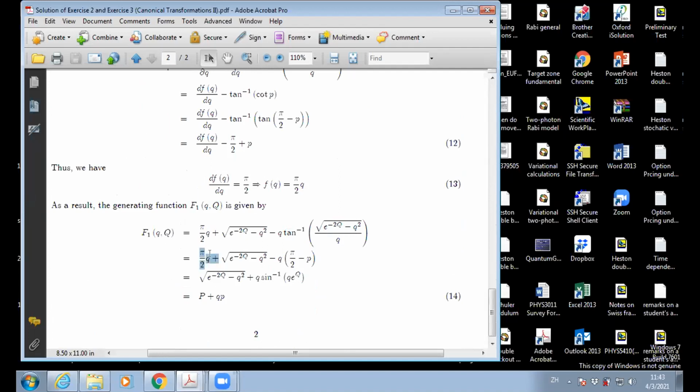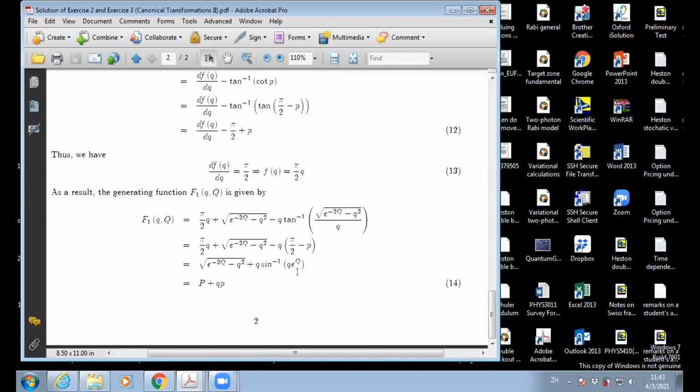Then combining the first term and also the second term, we are left with small p times small q. And the small p is given by this arcsine function. Combining these two, rewriting the arcsine function, we will have the capital P plus small q times small p. So that is our final answer.